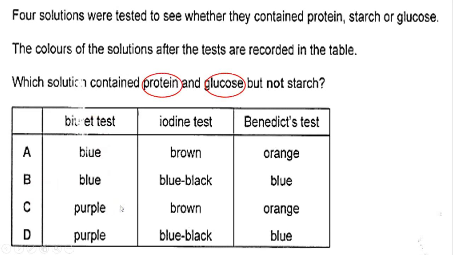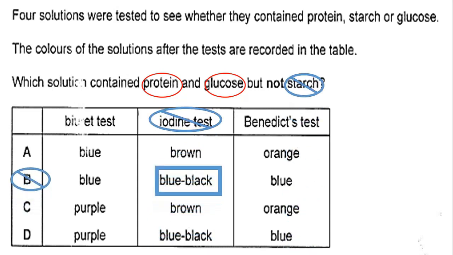First, I need to make sure that the protein and the glucose go positive. So I need to cancel the iodine or the starch. So of course, this choice will not be chosen because blue-black is the positive for iodine, as I wrote up here. And also, D cannot be the answer because I wrote up here for myself that if starch is positive, it's gonna give me blue-black.